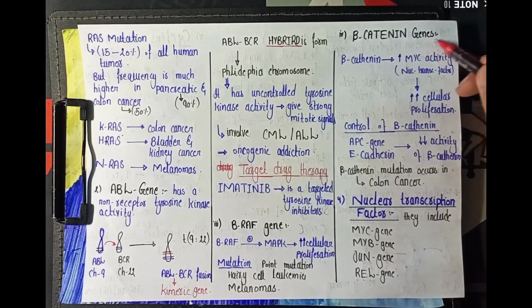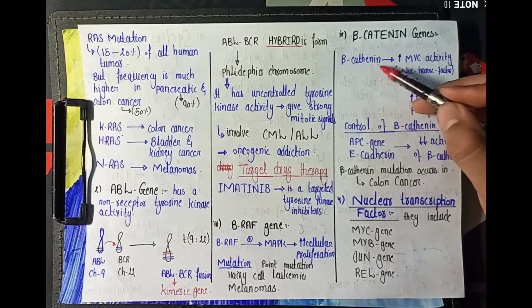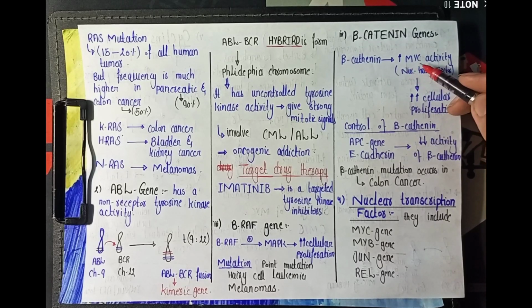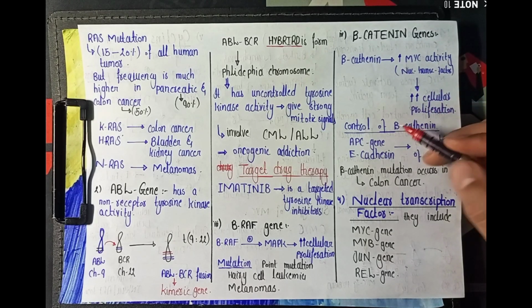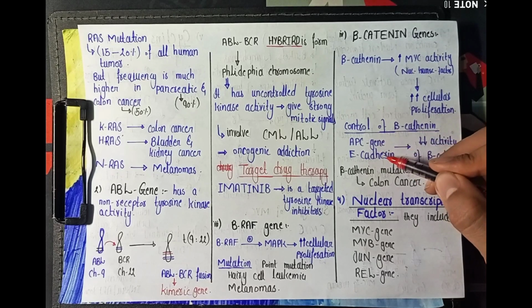The fourth one is the beta-catenin gene, which is also a signal transducer gene. Normally, when beta-catenin expresses, it increases the activity of the MYC gene, which is a nuclear transcription factor, and this MYC then activates the cyclin gene and causes normal cellular proliferation. To control the activity of the beta-catenin gene, we have the APC gene and E-cadherin gene.